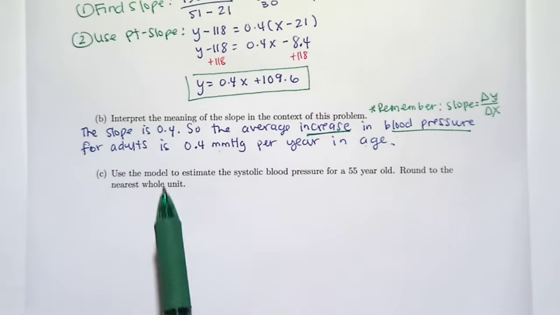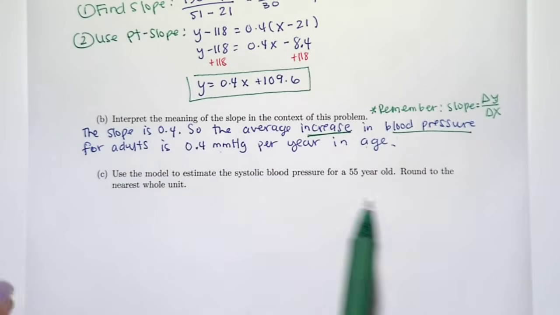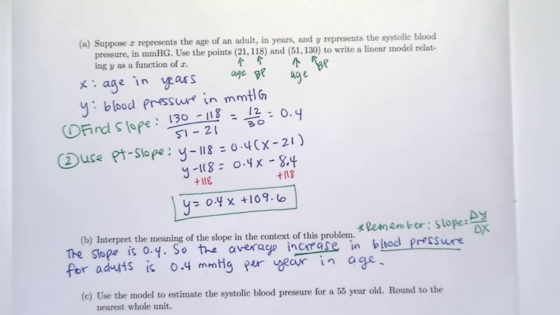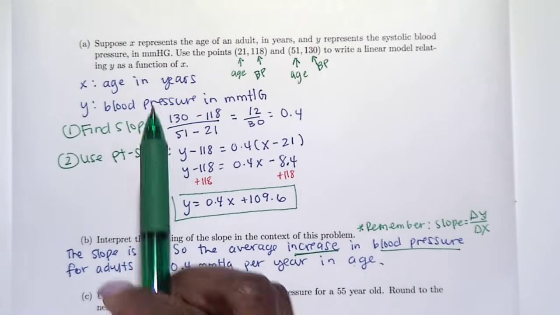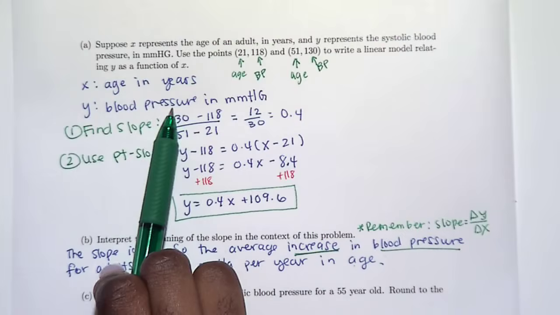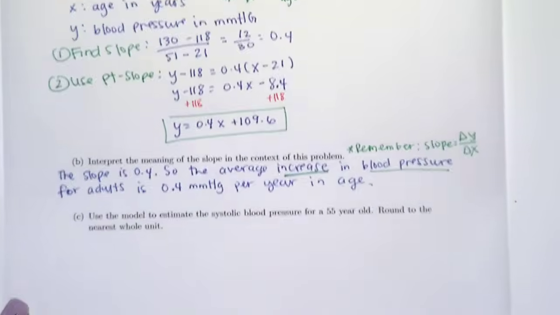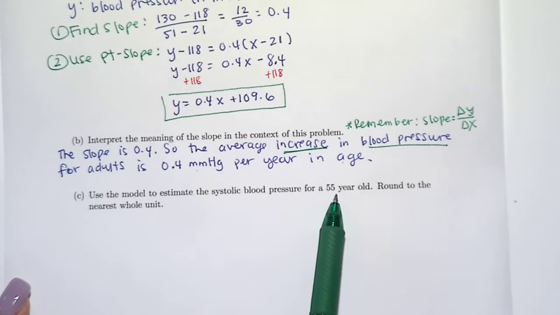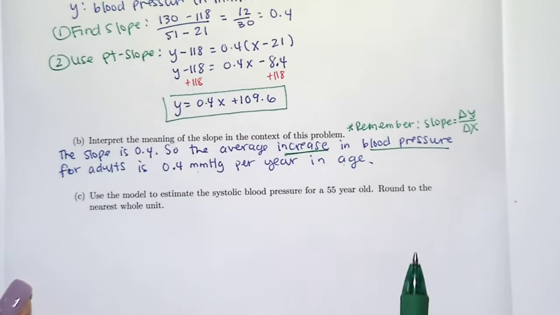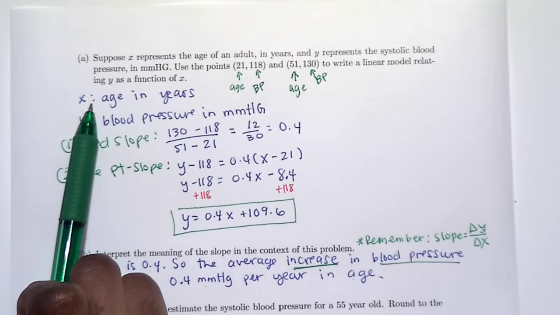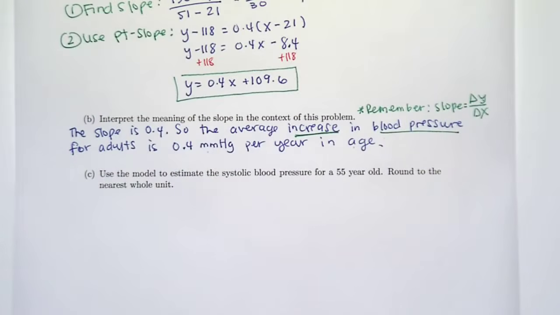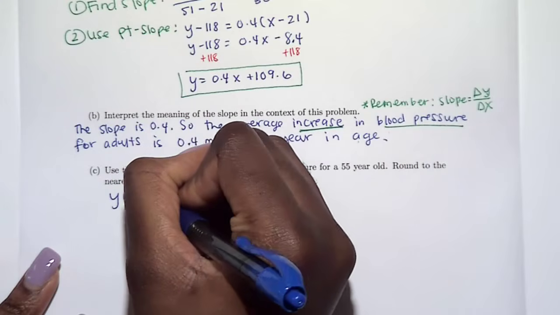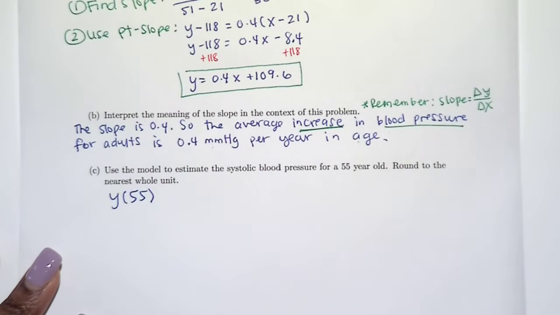So what can we use to talk about the blood pressure? Let's go back to our variables. What variable do we use to represent blood pressure? We'll use y. Y represents blood pressure. Okay, so we're going to use y to do this. Also, it says for a 55-year-old, what are we using for years here? We're using x for years. So we just want to find y when x is 55.